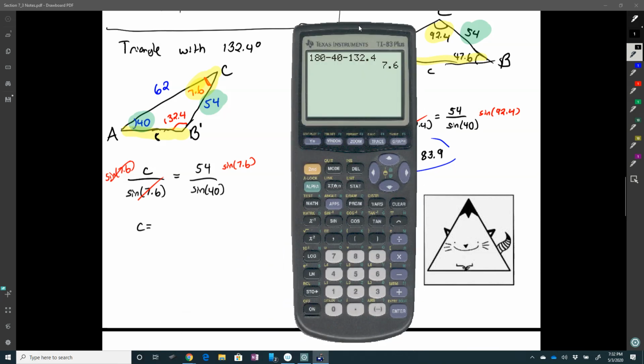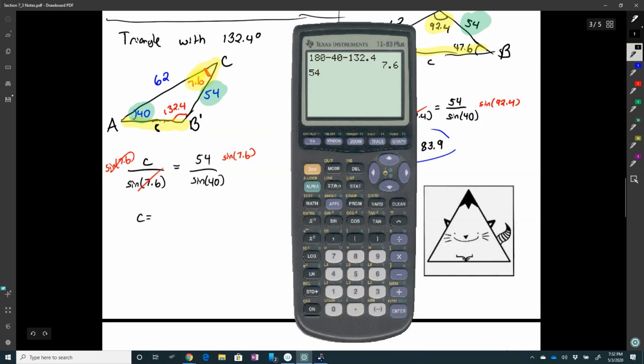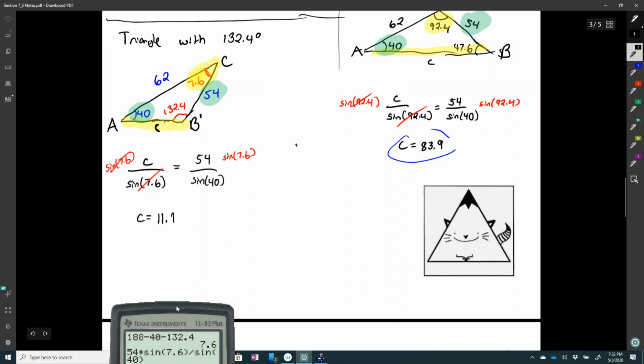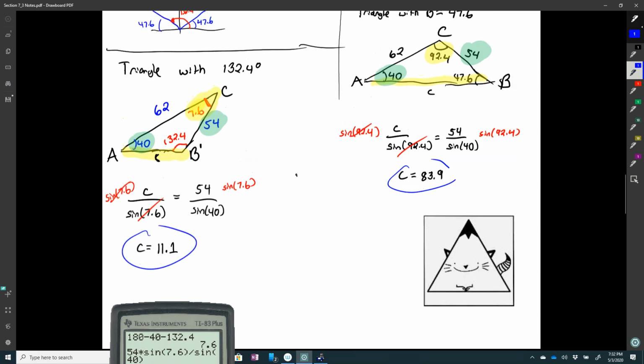So what do we get? 54 times sine of 7.6 divided by sine of 40. I get 11.1. Okay, so that would be C. Since there's two B's, that means there's two C's. So this would be C and this would be C prime.